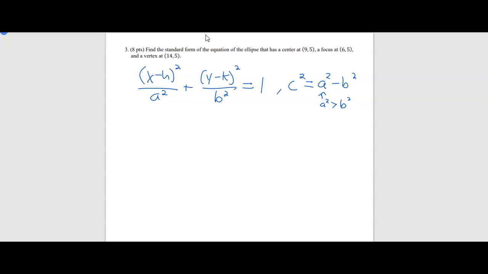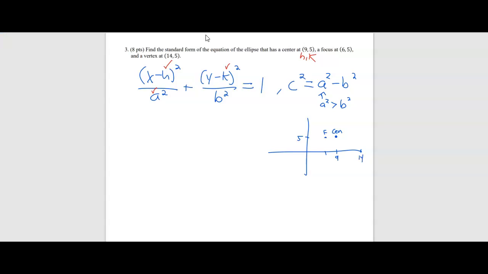Okay, let's get an idea of what this is. The center is (9, 5), so here's 9, up 5. We have the focus at (6, 5). I'm going to write C-E-N for the center, and here we have F for focus. And the vertex is at (14, 5), way over here.